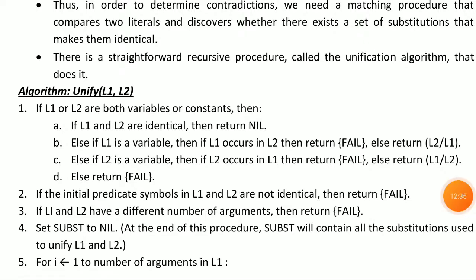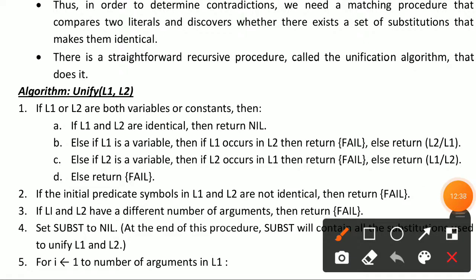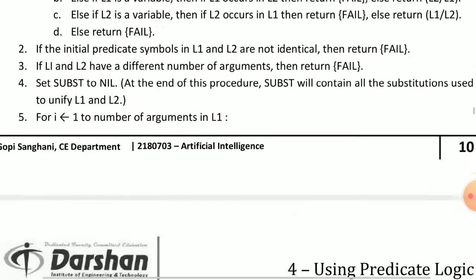Okay, this is our fourth step. Now our fifth step is: for i equals 1 to the number of arguments in L1. We take the arguments of L1, from 1 to i.